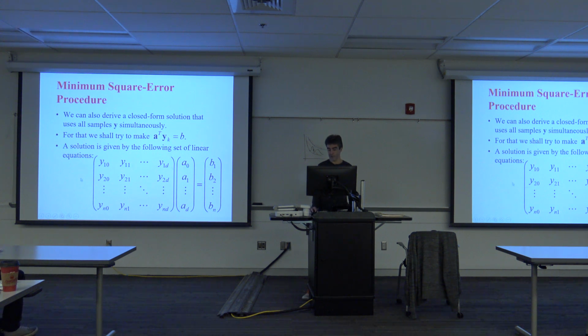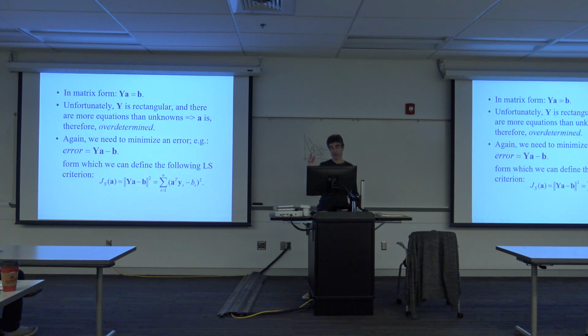So you have all the y's multiplied by the a vector. That should be equal to your b, the bias that I want to add to it, that margin.